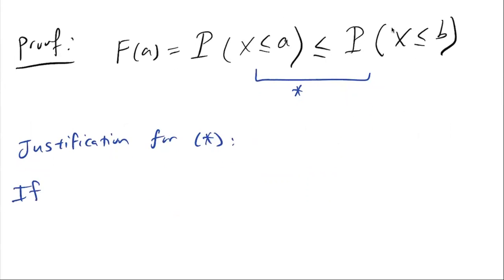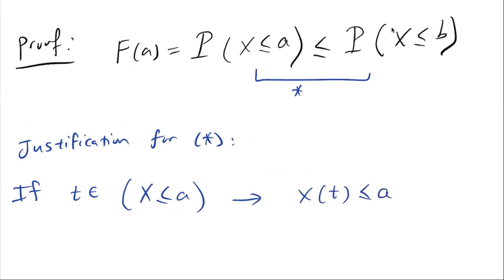Let's say if t belongs to this event, X less than or equal to A, that means X of t is less than or equal to A. Remember, this is an event. Event means it's a set, so it contains some elements. So if I take some element, let's say t inside this event, then that means X of t is less than or equal to A.